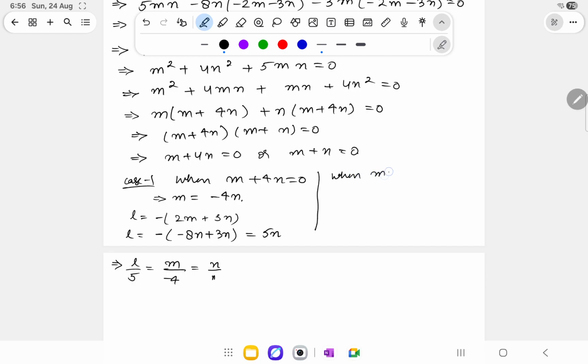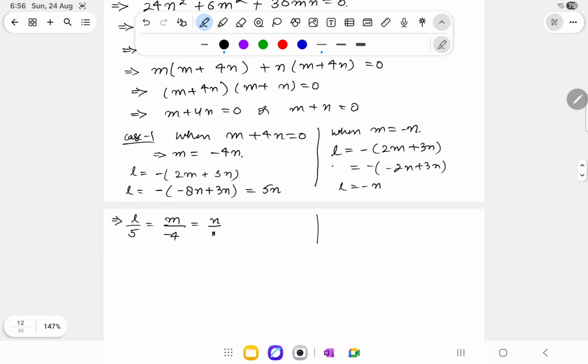Likewise, when m is equal to minus n, I got L as minus 2m plus 3n, which is minus 2n plus 3n, so L is n, and m is minus n. So the direction ratios of that generator would be L by 1 equals m by minus 1 equals n by 1.